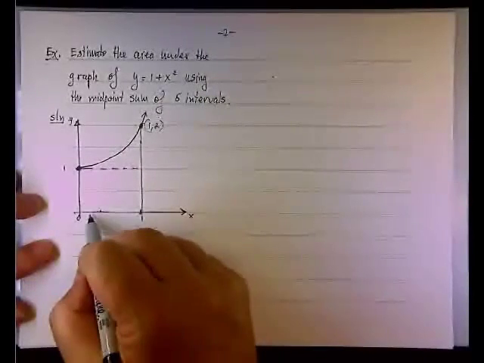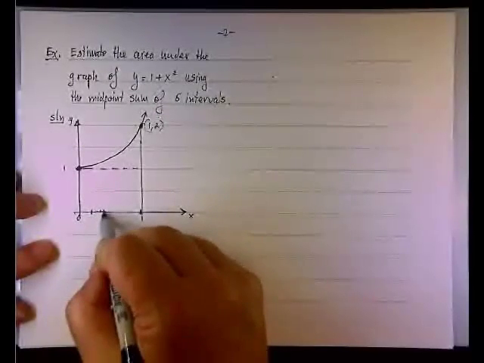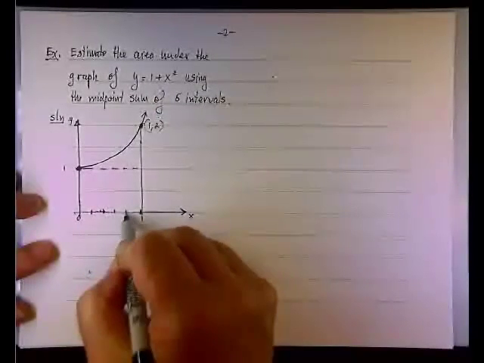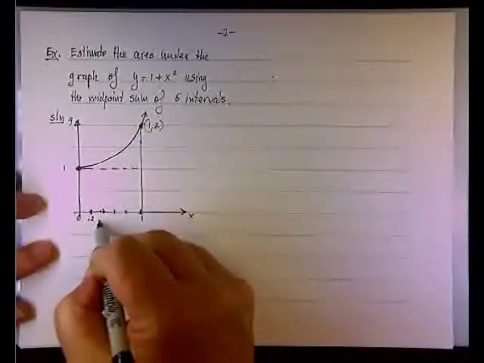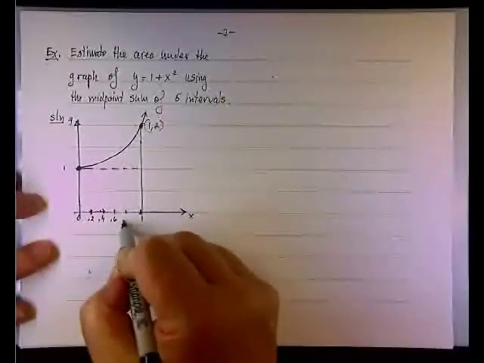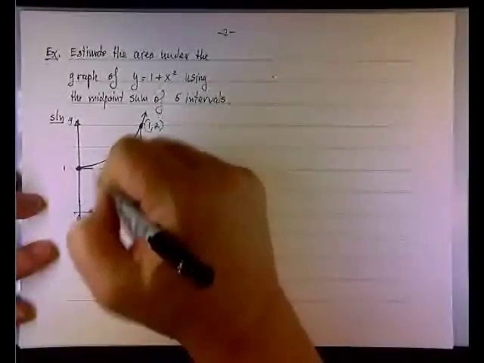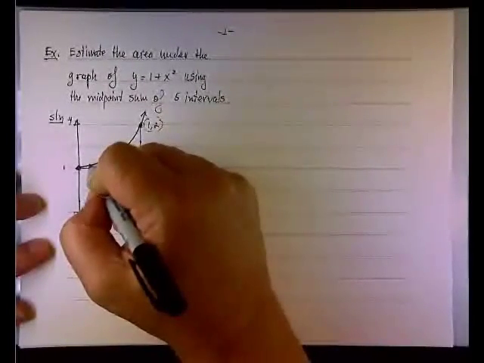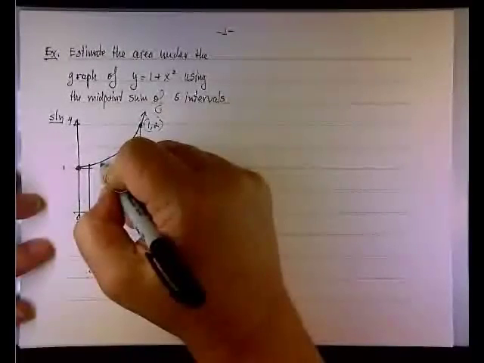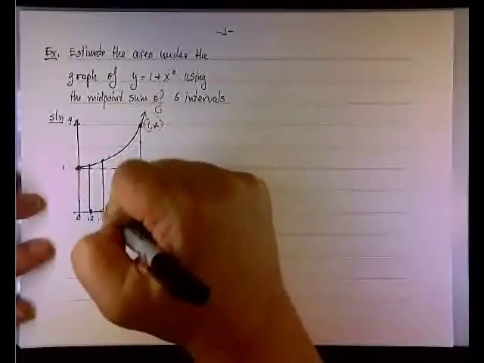I said let's go ahead and divide it into 5 intervals, like so. So we have 0.2, 0.4, 0.6, 0.8, and then 1. But wait, before we go, let's do it this way.